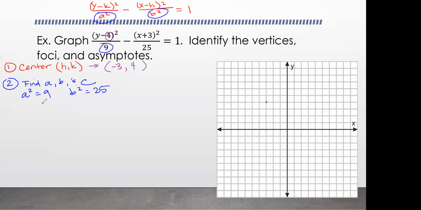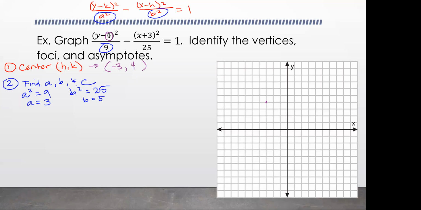So if a squared is equal to 9, a is equal to 3, because 3 times 3 is 9. And if b squared is equal to 25, then b is equal to 5, because 5 times 5 is 25.